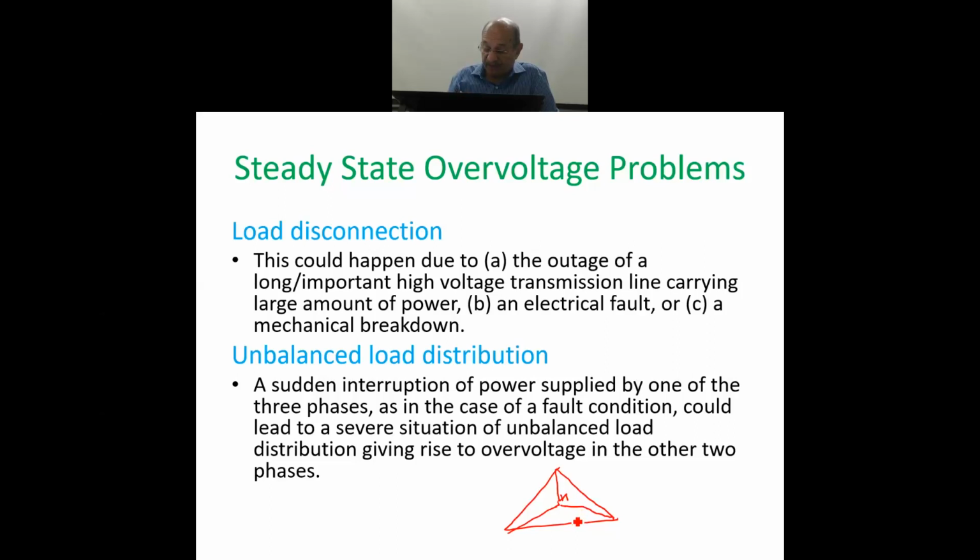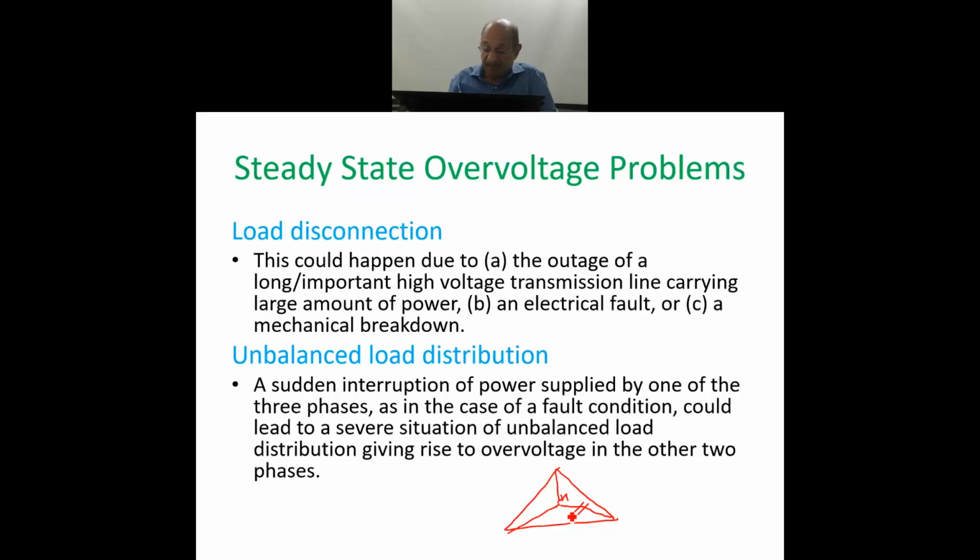Suppose this is taken away, this is taken away. Then what will happen is that the neutral point will not be in the center of the triangle, it will be shifted.